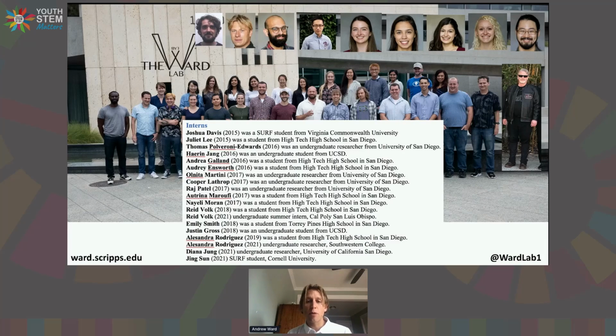The really fantastic part about it is, we try to inspire them, and many have gone into science careers or medical careers. And two, Reed and Alessandra, have actually started in high school and now are in college and have come back to the lab. So it's really great to engage young scientists, inspire them, and then see what they can do in the next phase of their career. So with that, I'll end, and thanks for your attention.